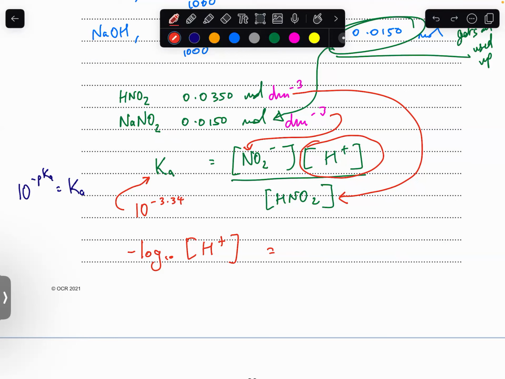Once I've worked out Ka, let's multiply that by HNO2, multiplied by 0.0350, and then divide it by the salt conjugate base concentration, divided by 0.0150. That gives you the H plus concentration.